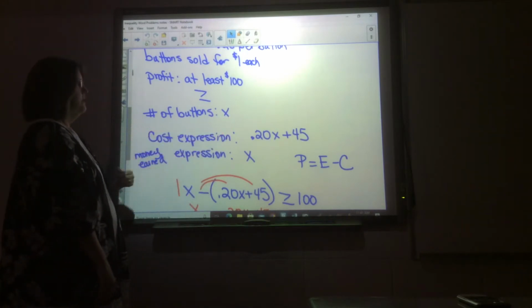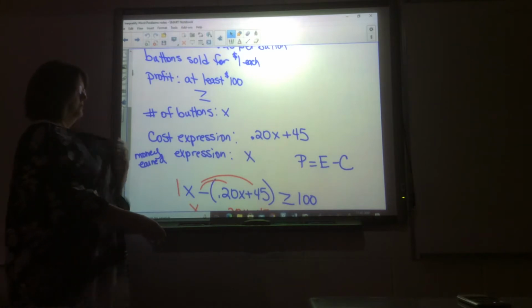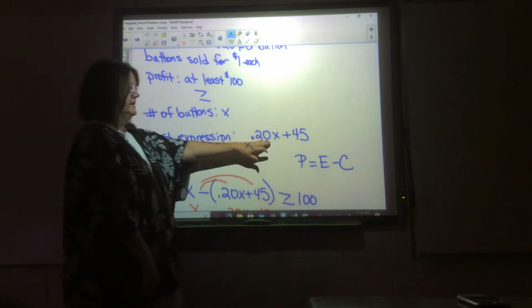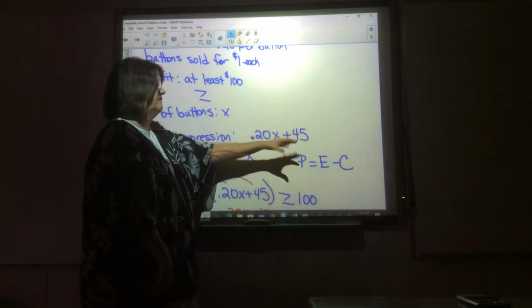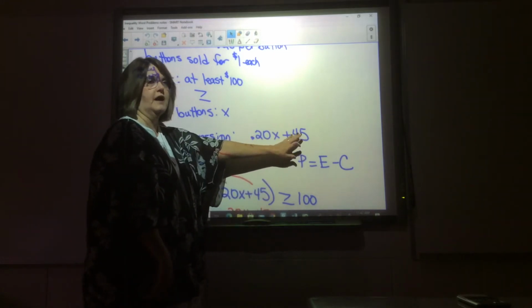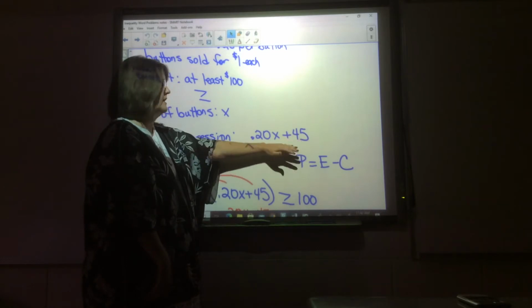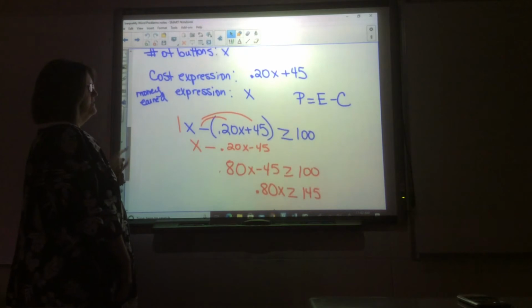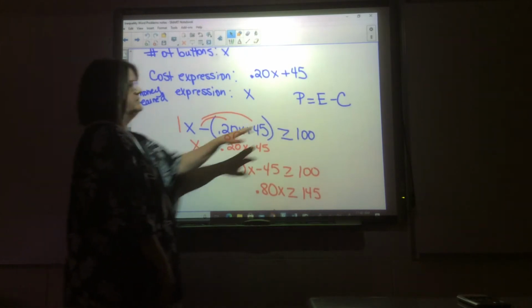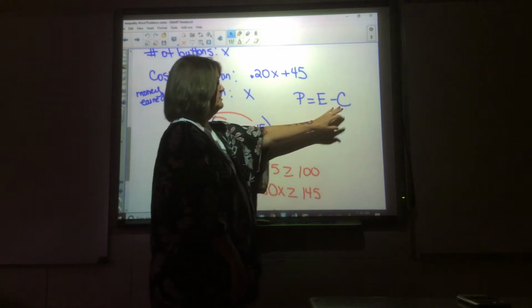All right, here's our cost expression. It costs 20 cents to make each button, plus there's a flat rate of $45 for the machine. So you've got to recover that money. You've got to get that money back when you're selling. And profit is going to be equal to what you sell something for minus the cost.